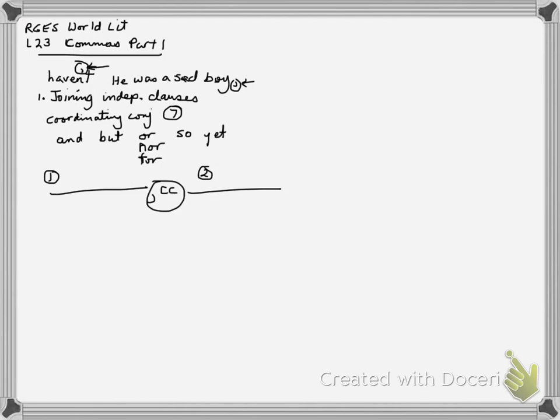For example, the family moved into the new house and the neighbors welcomed them warmly. We don't want just two widely disparate sentences. We want two sentences that are closely joined with ideas, and you would put a comma and between that. The family moved into the house, comma, and the neighbors welcomed them warmly, period.